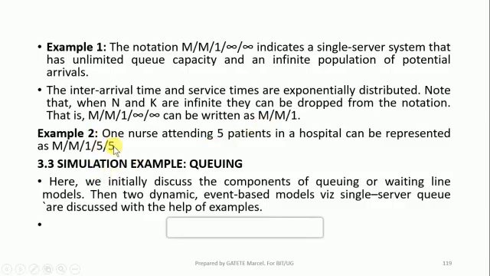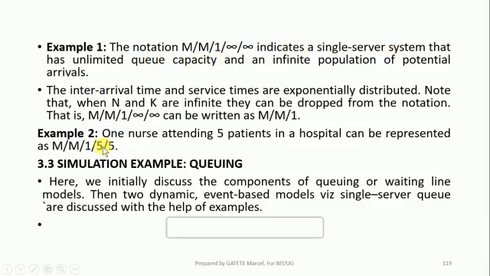Another example: one nurse attending 5 patients in the hospital. You can represent it as M/M/1/5/5. It means a single server that has a limited queue capacity.